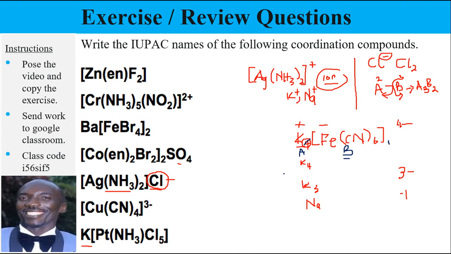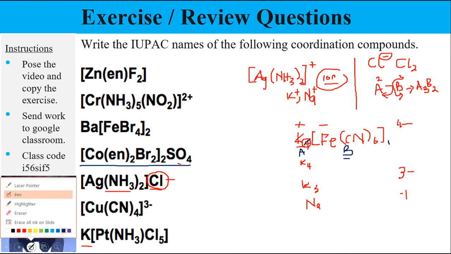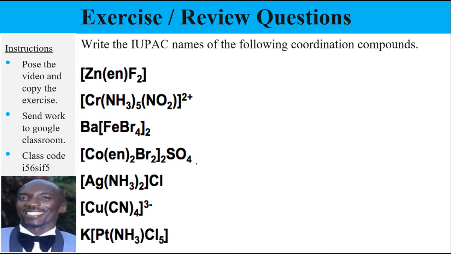The same thing is applied when we have an anion at the end. The number on the anion is the overall charge on the complex. Like here, if you look at that example, here we are having a complex, here we have a 2, then here we have a sulfate.